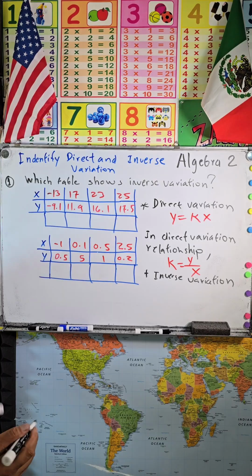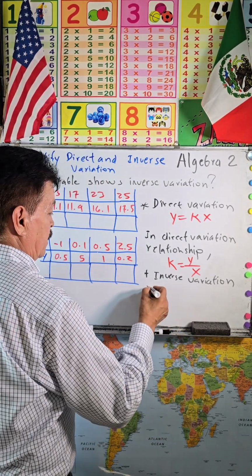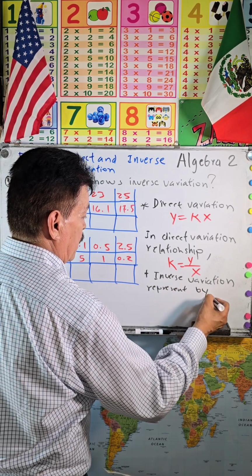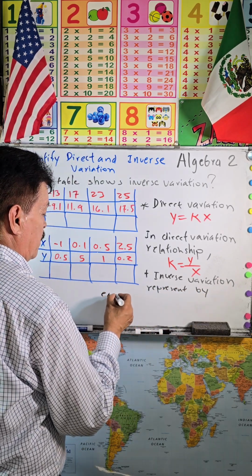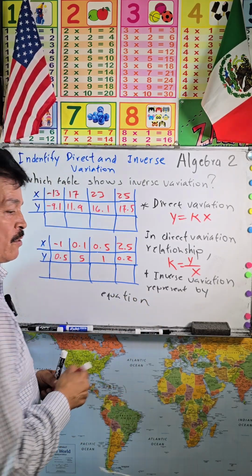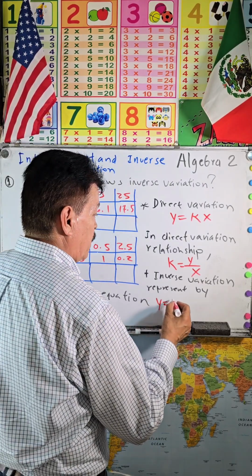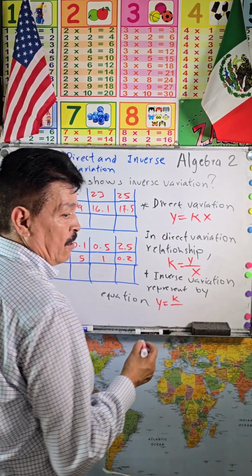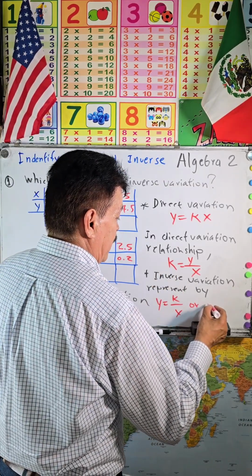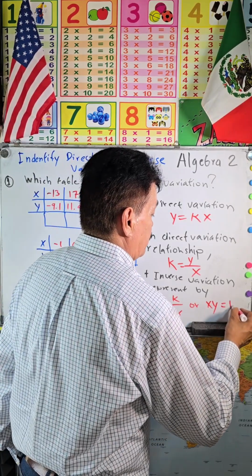can be represented by this equation, y equals k divided by x, or xy equals k.